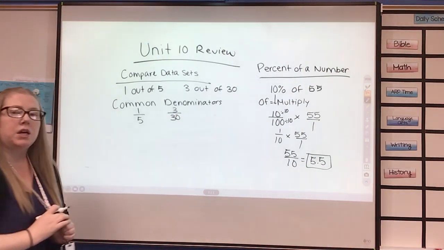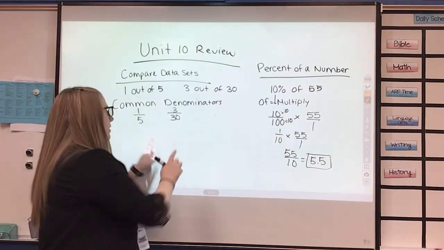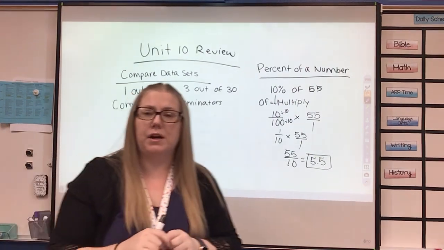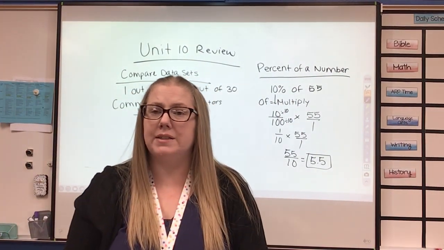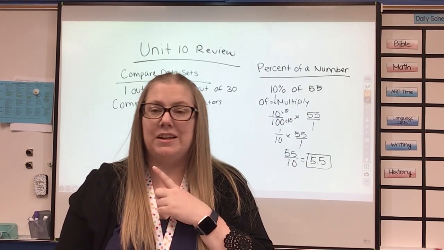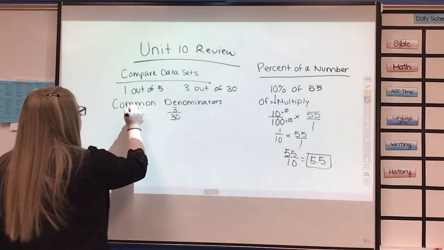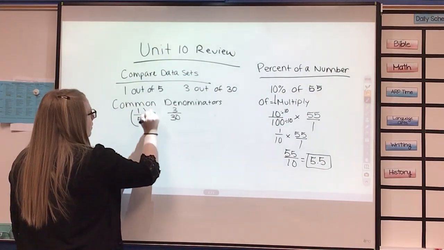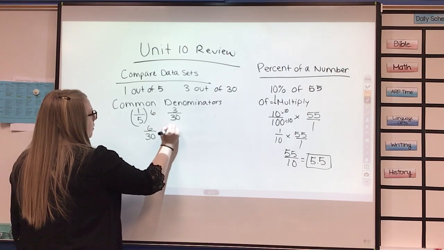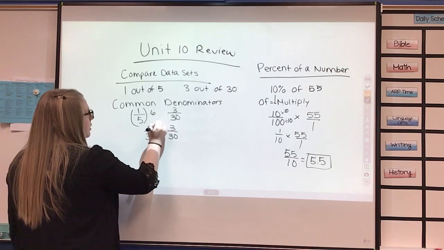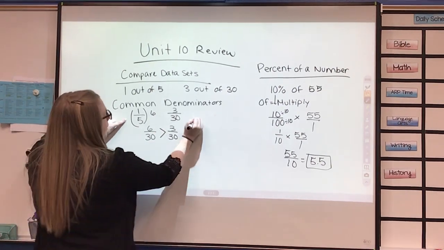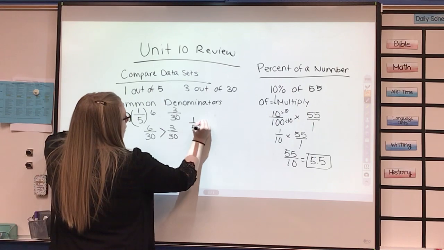Now, can I look at these two and find something that they have in common? Well, I'm thinking about my 5 times tables, my 5 multiplication facts. 5 times something equals 30. What is it? Okay, you should have said 6, so I'm going to multiply by 6, which is 6/30. Okay, so of course 6 is bigger than 3, so 1/5 is bigger than 3/30.